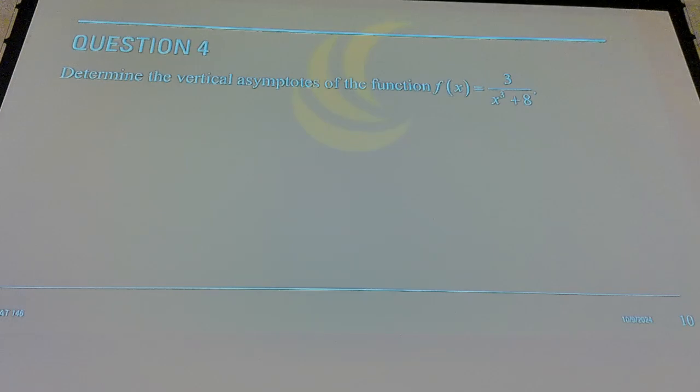No, we know there's not going to be any common factors. Factor the denominator.